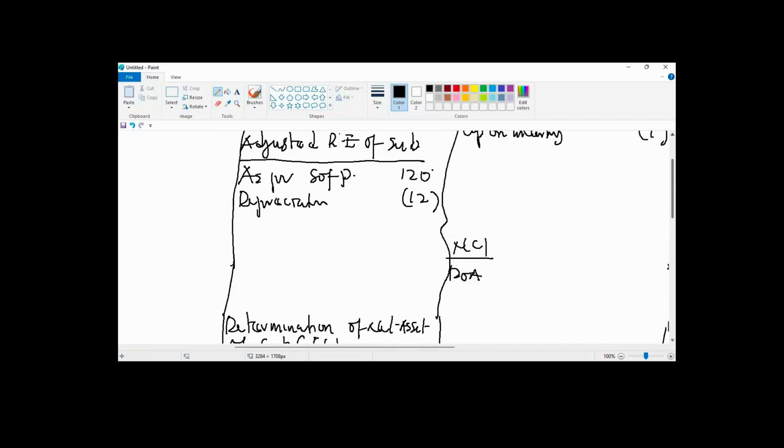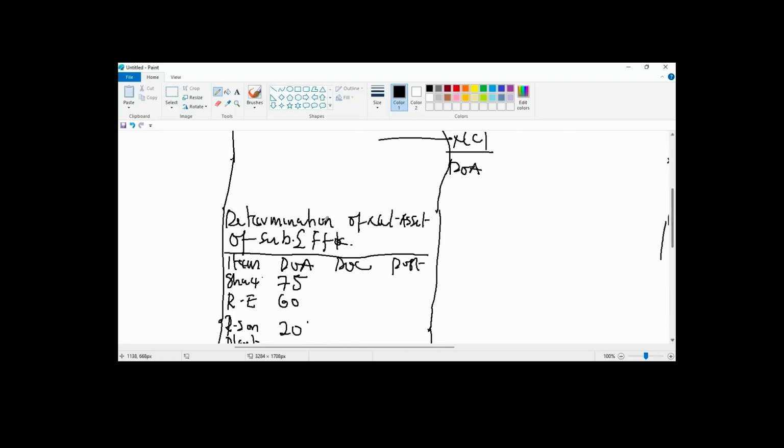Share of profit. 120 minus 12 is 108. 108 minus 60.